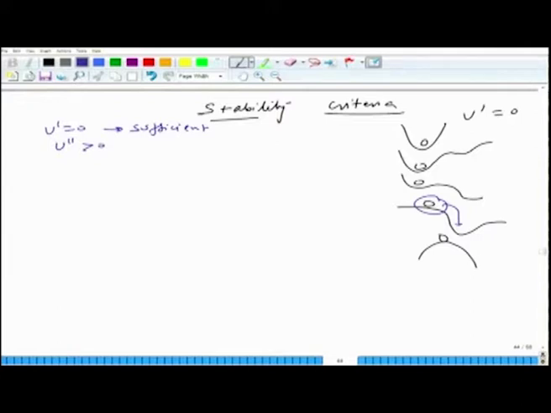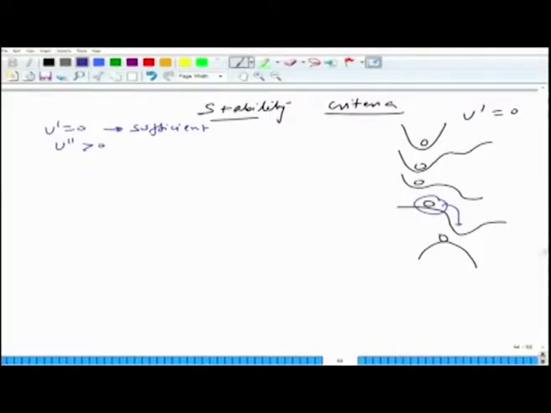So, there is a limit up to where it can reach, and in this case also it is defined by the second derivative of u being 0, beyond which instability will arise in the system, okay. So, the limit is given by basically these two conditions.